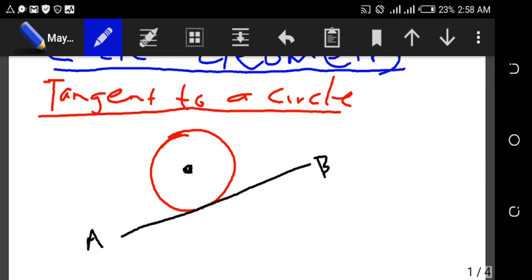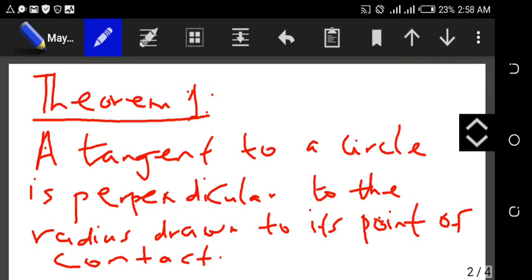The first theorem is this: a tangent to a circle is perpendicular to the radius drawn to its point of contact. That is theorem 1. What does that mean?